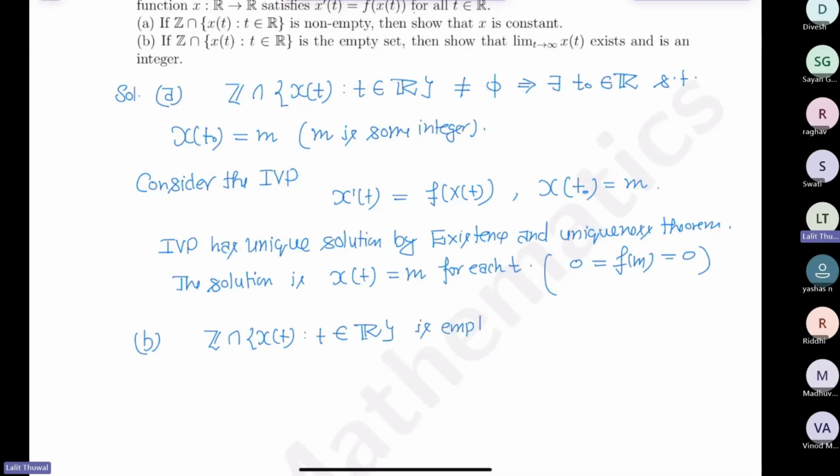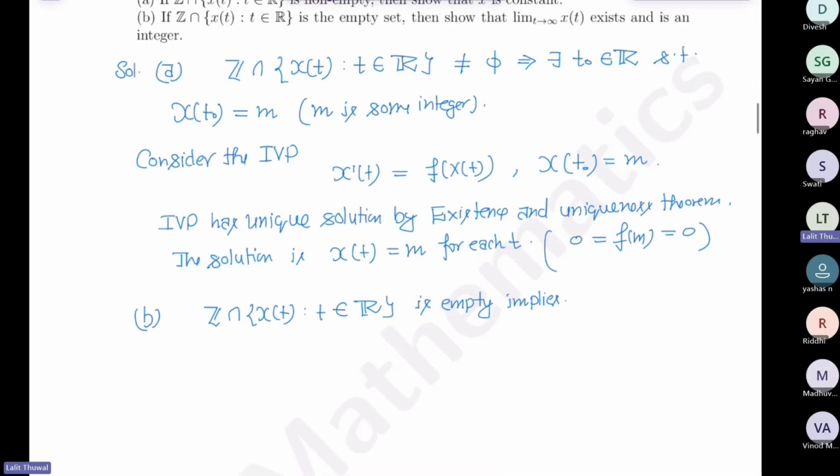Can anyone of you let me know? There is no integer in the range of x. Yeah, there is no integer in the range. That's right. So there exist two integers m such that this is true. I will ask you why this is true. Okay.